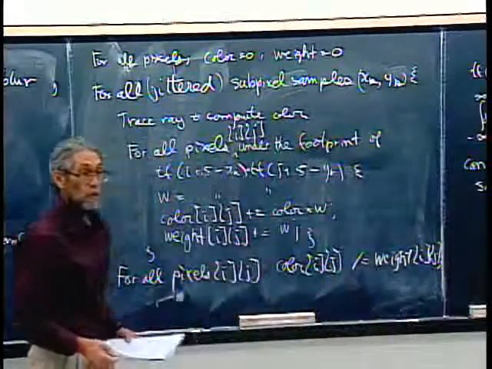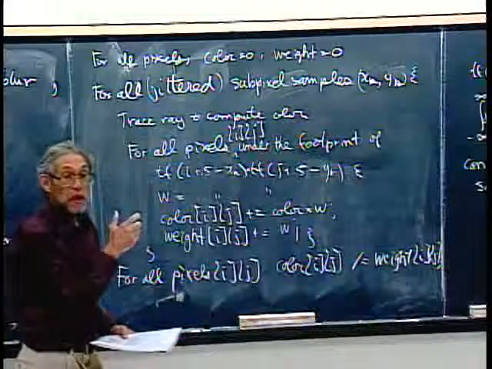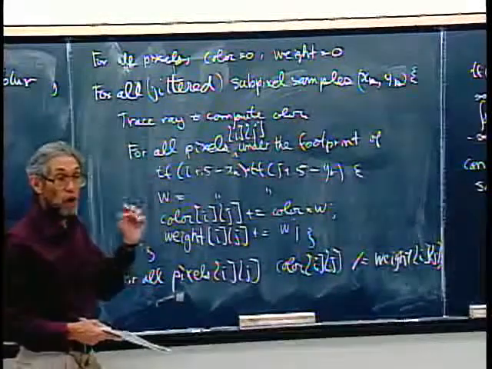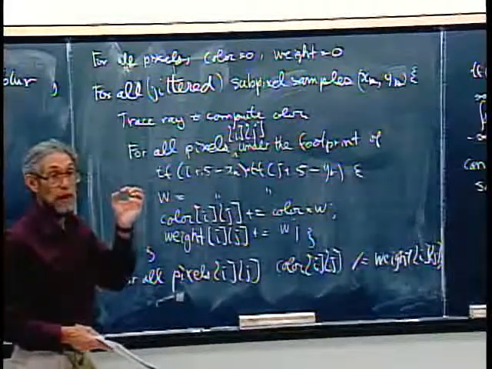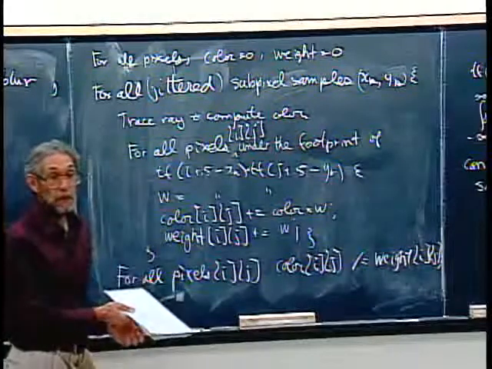Right? So we accumulate in the inner loop the contribution to all the pixels that our subpixel sample can affect, and then we divide that by the sum of the weights.